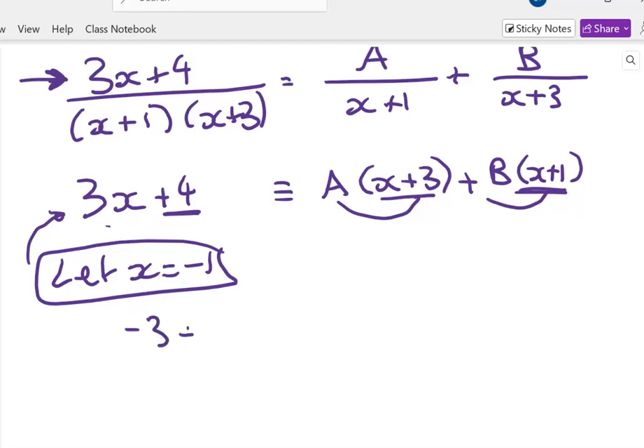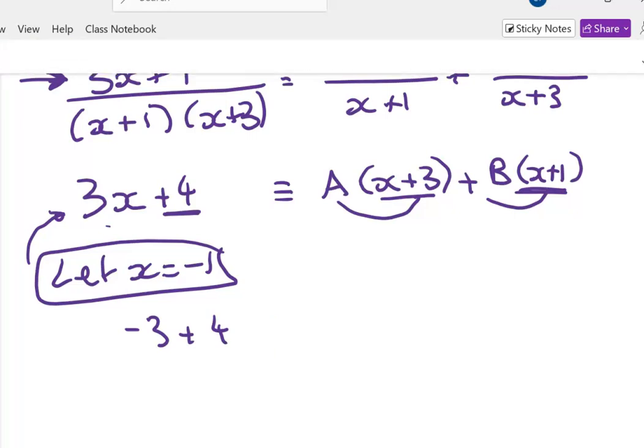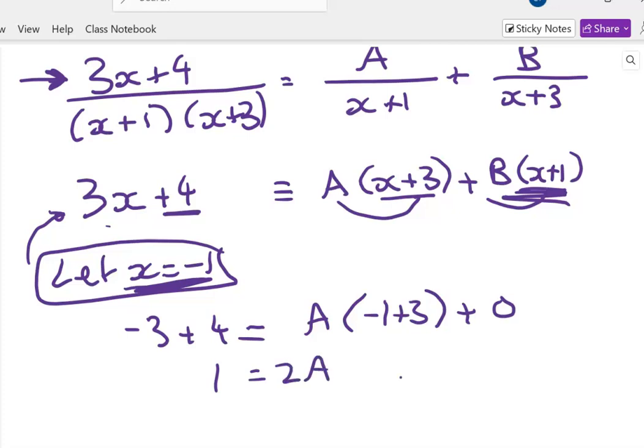So we get -3 plus 4, and I'm just going to change that to a normal equal sign because now we're doing it for one specific value. I've got a times -1 plus 3 plus 0 in here. So we get 1 is equal to 2a. That gives me a is equal to a half.